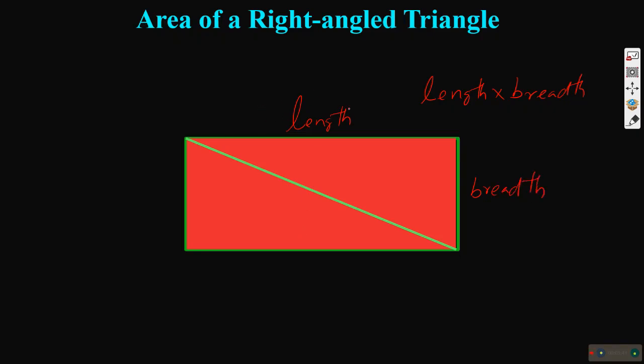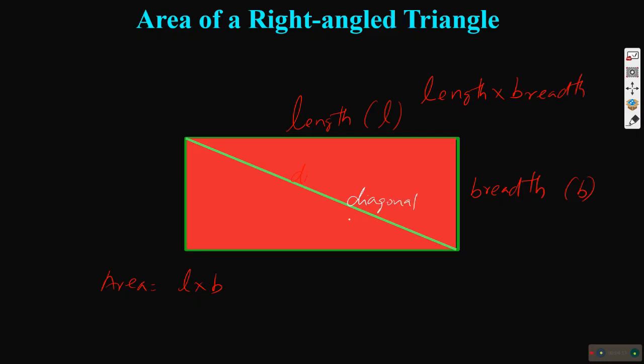If I simply quote length as L and breadth as B, the area can be written as length into breadth, L into B. But by the construction of a diagonal, we name this as the diagonal.